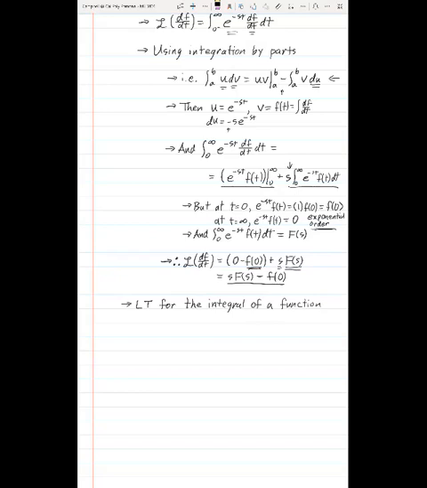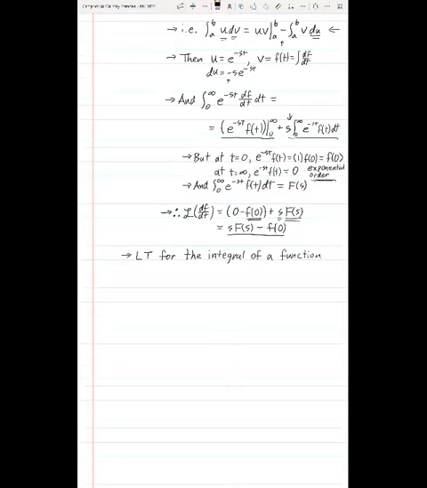So taking the Laplace transformation for the integral, we have L of the integral of f of t dt, and that's equal to the integral from 0 to infinity, again, technically 0 minus, of e to the negative st times the integral of f of t dt, all that times dt.